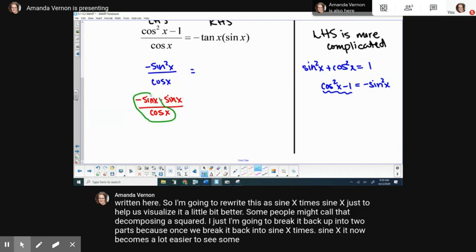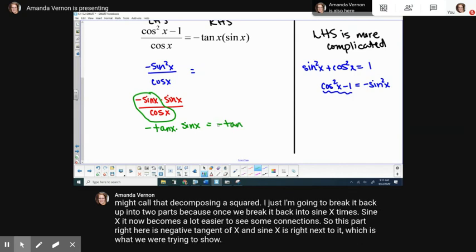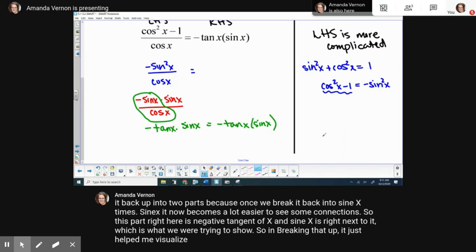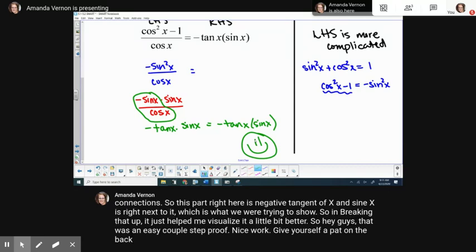So this part right here is negative tangent of x, and sine x is right next to it, which is what we were trying to show. So in breaking that up, it just helped me visualize it a little bit better. So, hey, guys, that was an easy couple-step proof. Nice work. Give yourself a pat on the back if you were able to see that one on your own.